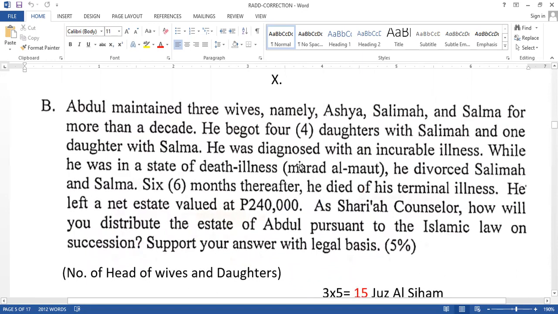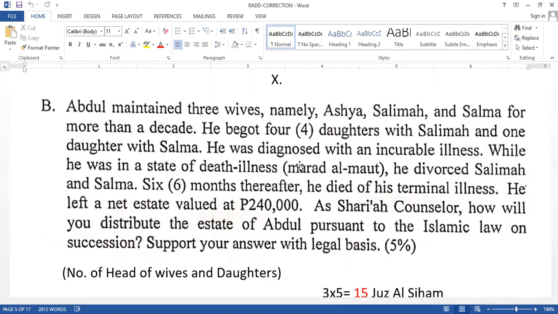He begot 4 daughters with Salima and 1 daughter with Salma, meaning 5 yung daughters niya. He was diagnosed with an incurable illness. While he was in state of death illness, or maradul maut, he divorced Salima and Salma. So 6 months thereafter, he died of his terminal illness.